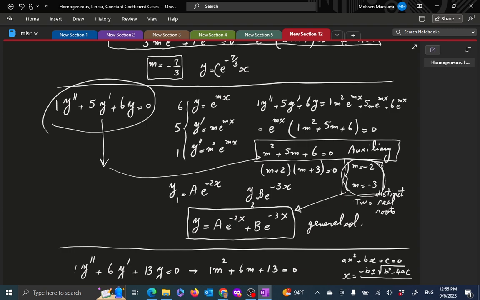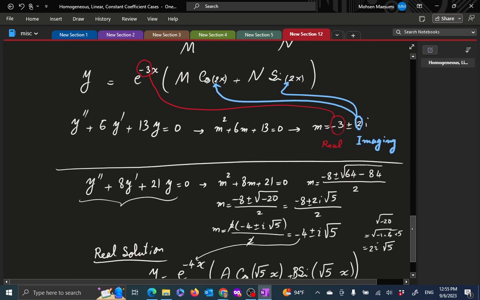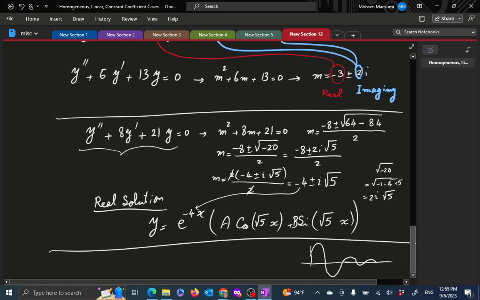And then we went to the opposite case. You say, well, what if I have two roots, yes, but they're complex. I can organize them in this fashion and hide that i, if I want to hide it.